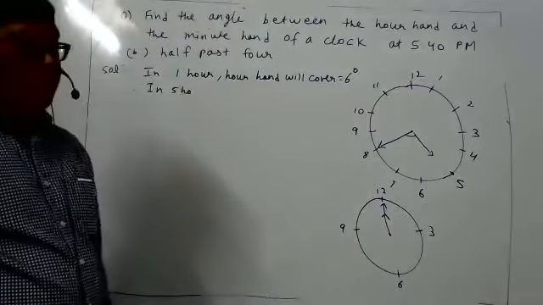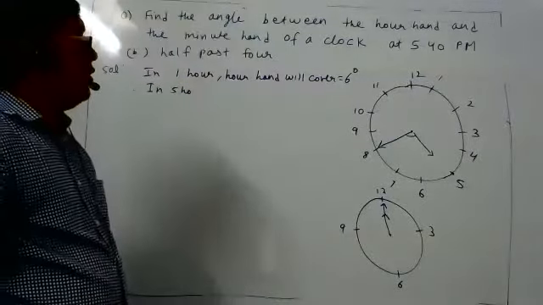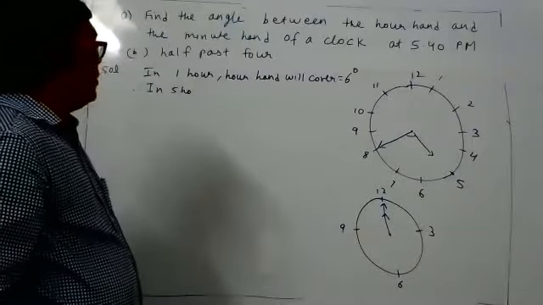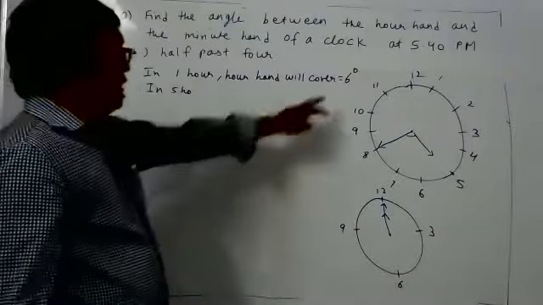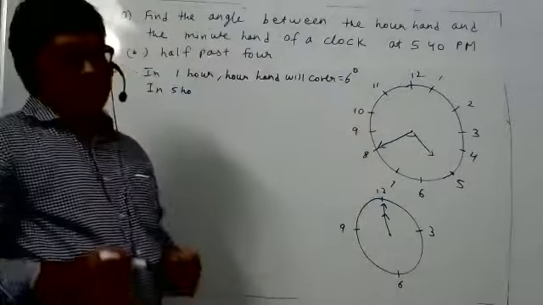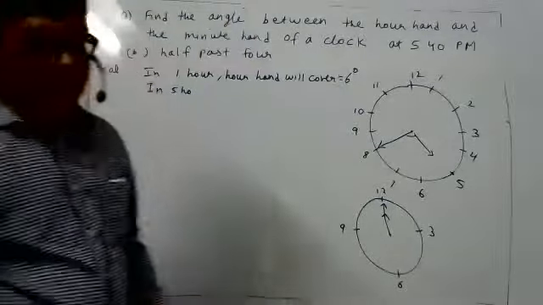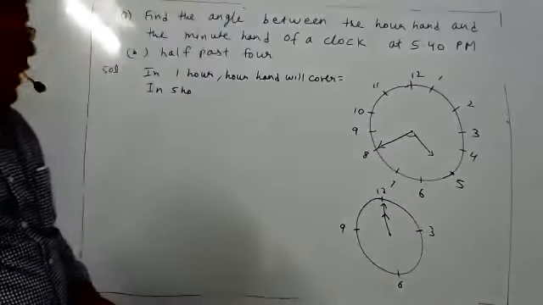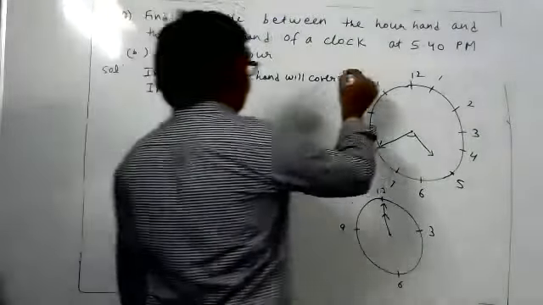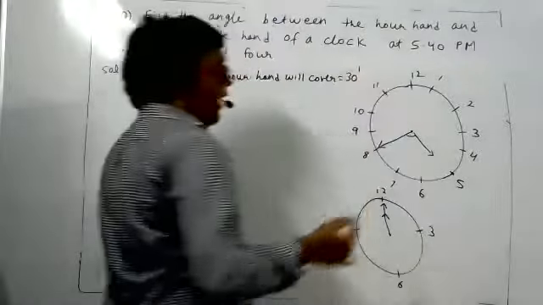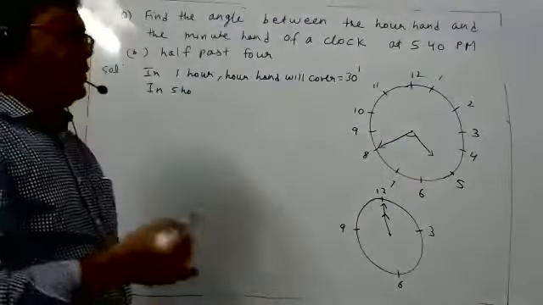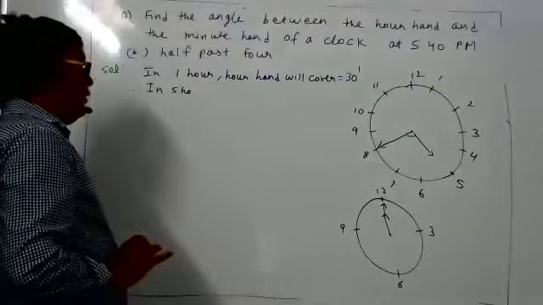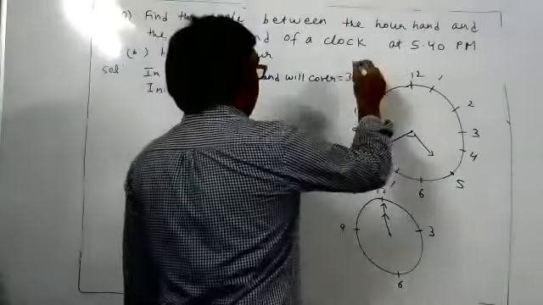1 hour is 30 degrees, not 6. Something wrong I gave. The hour hand will cover 30 degrees in 1 hour, because 12 hours means 360, so 1 hour means 360 by 12, that is 30 degrees.